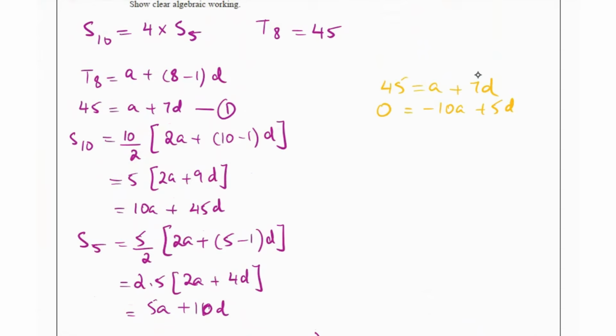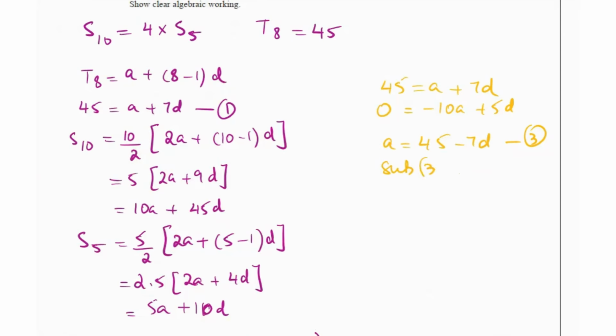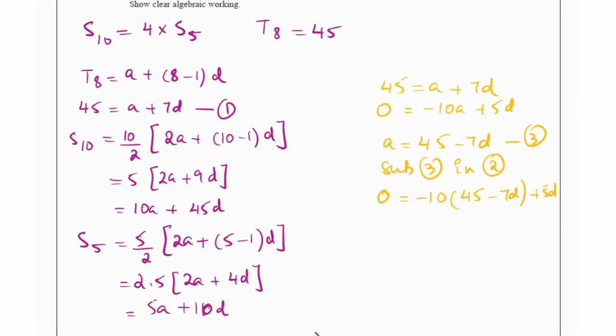If we make a the subject, a equals 45 minus 7d. We substitute 3 in 2. So 0 equals negative 10 times 45 minus 7d plus 5d.